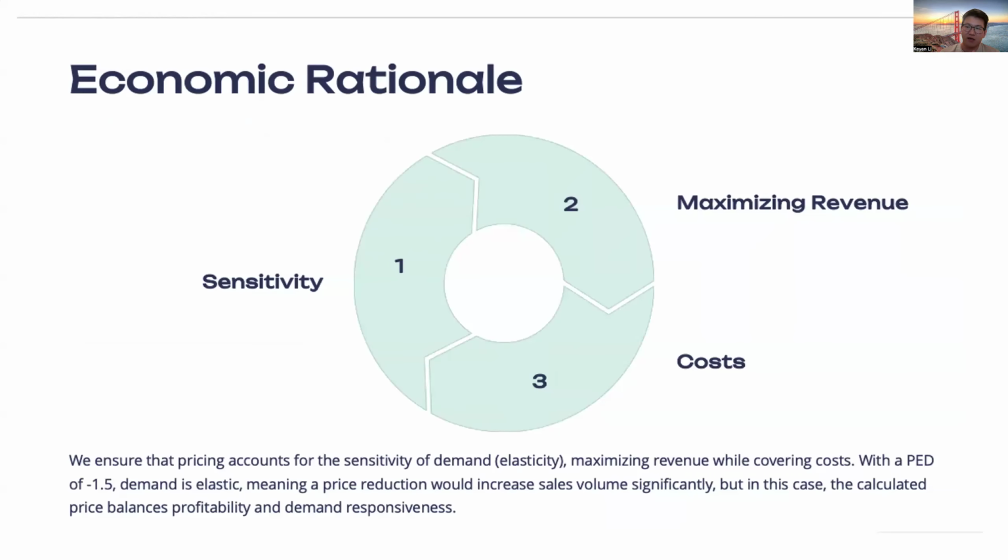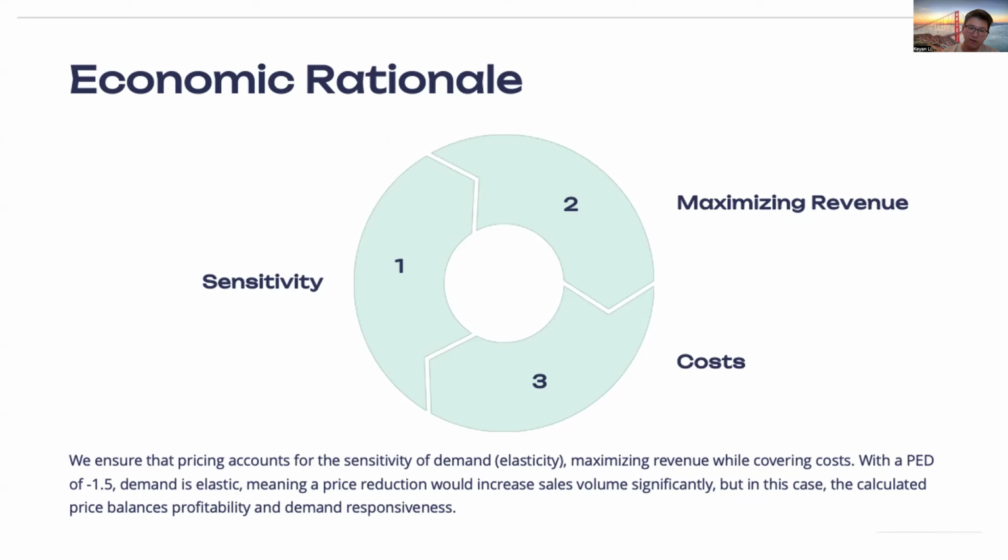The rationale, or the reason behind it, is three things. First of all, we ensure the pricing accounts for the sensitivity of demand, maximizing the volume while covering the cost.